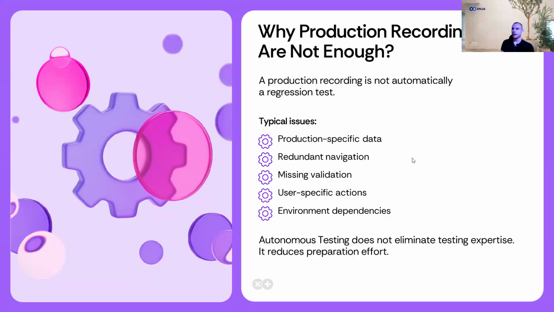Yeah. Redundant navigation. Users may be observed, but very often the user will end up working with Dynamics only minimized. And when he starts the work, he just opens Dynamics already in the module that he's interested in, and he's doing his work. And of course, this kind of execution, if we want to reuse it as a test case, will require adding the navigation.